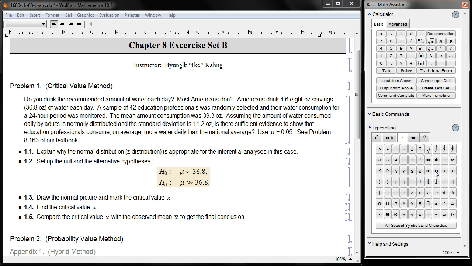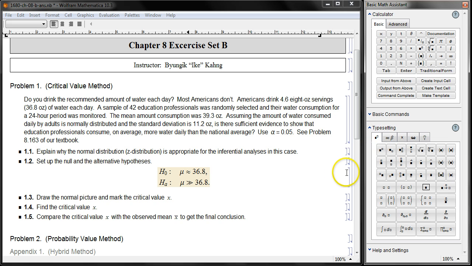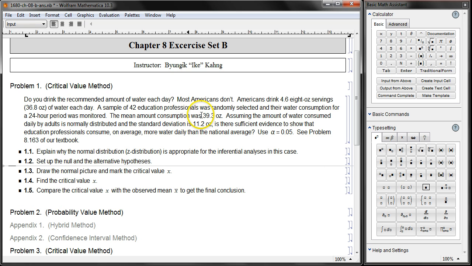The third case is not representative of hypothesis testing. Most of the time it's one way or the other, significantly bigger or significantly smaller. The reason is that we already have the sample mean, and that's bigger than 36.8. So just being different doesn't make much sense.